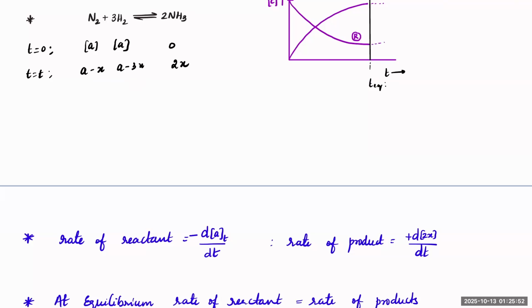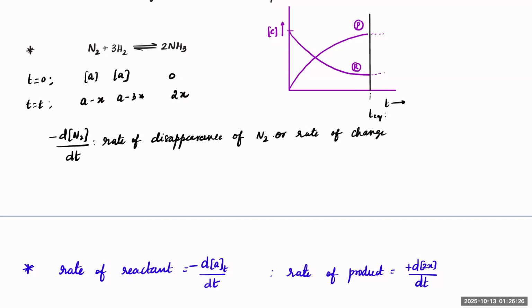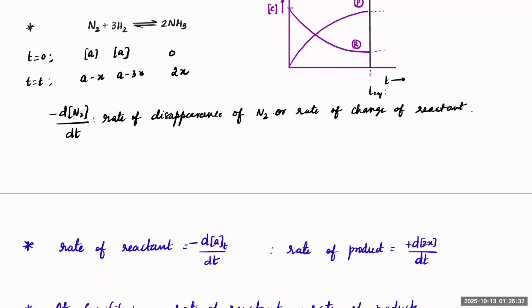Okay. So now, suppose I have to write how much is the rate of change of nitrogen. This is called the rate of disappearance of nitrogen, or I can also call it the rate of change of reactant. Same way we can write it for products.